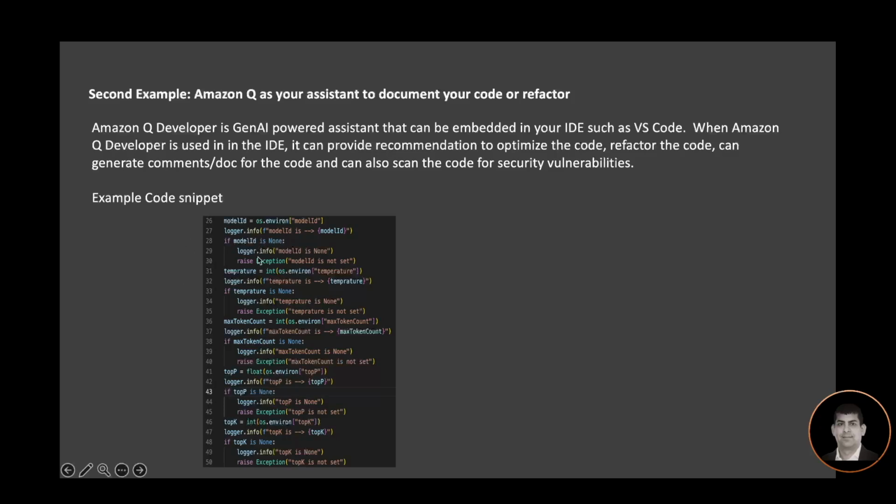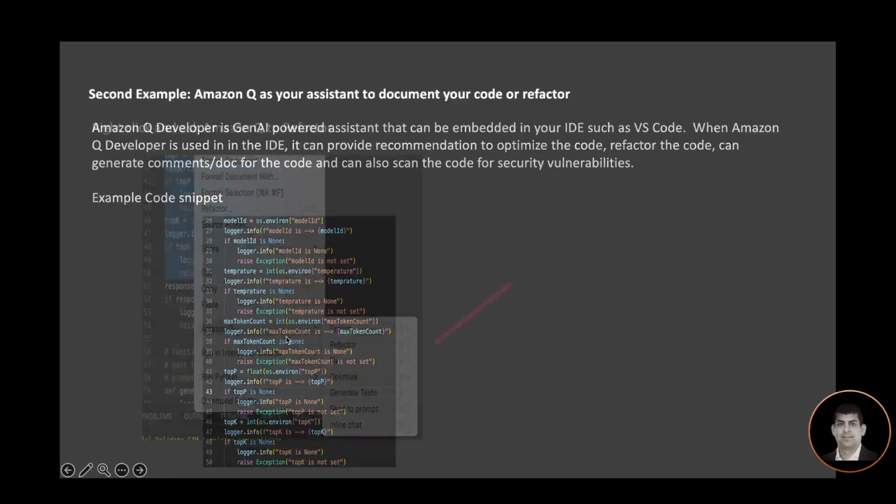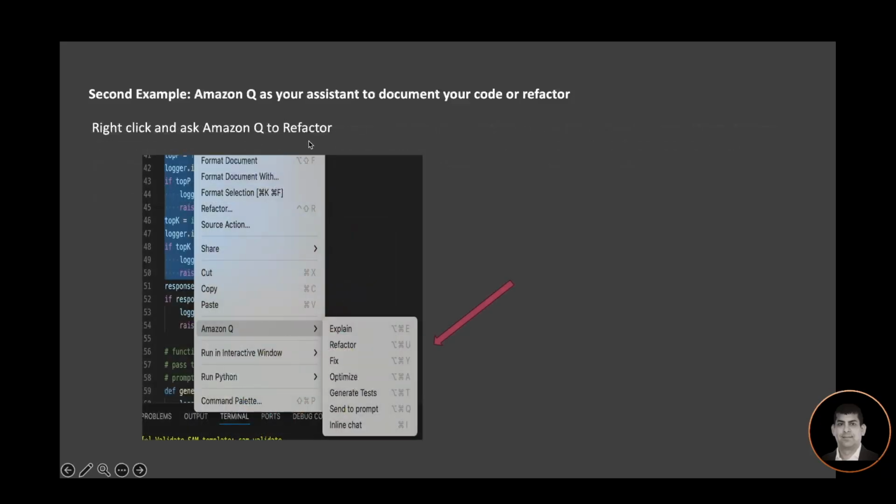So you will see that I have it in a very simplified way. I have an if and else kind of situation. If you see here, I can actually right click in my IDE and I will see Amazon Q, and then these are all different functions that I can ask. So here I'm going to ask that I want to refactor this code section.